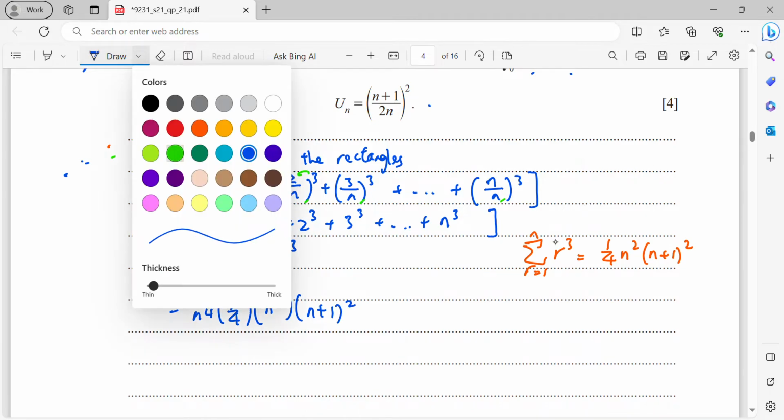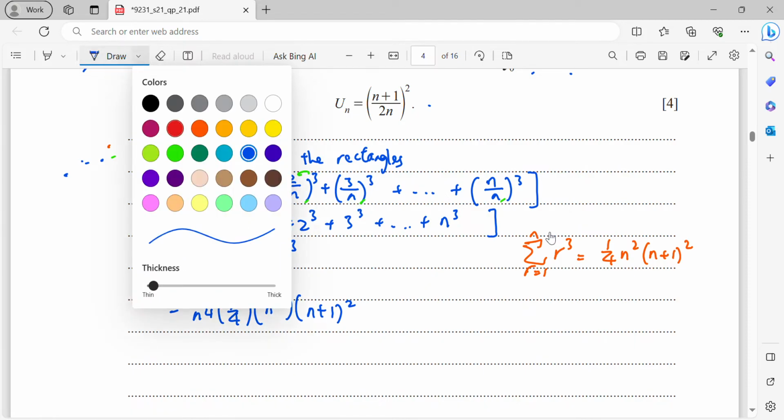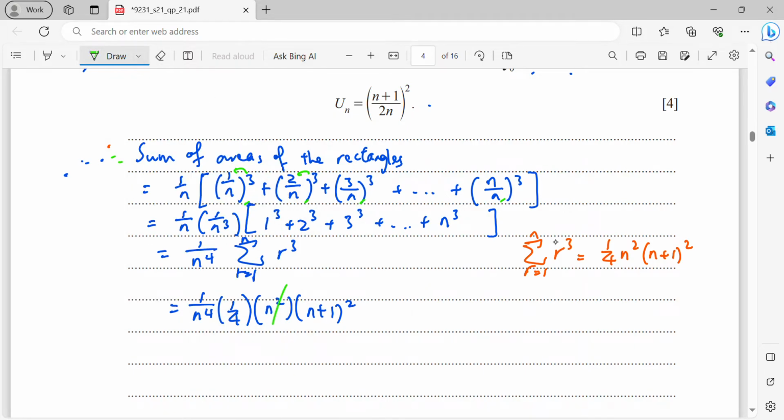So now the n squared and n degree 4 can be simplified. So here becomes n squared. Right? Then I will be getting 1 over 4 n squared, the n plus 1 squared.